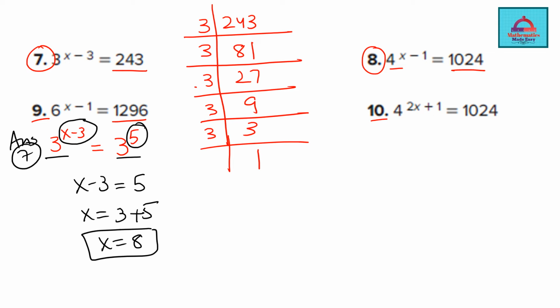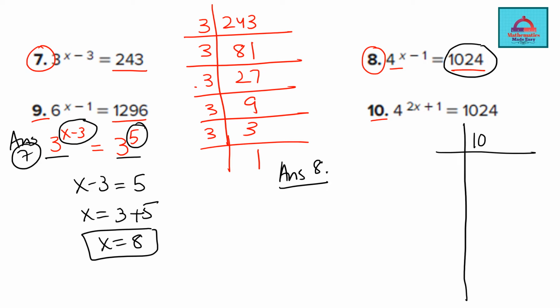Let's do now the answer for question 8. Here we need to do prime factorization of 1024. If we do it with 2, it will become very long. So we are going to do 1024 with 4, because the base here is 4, so we can just directly do it with 4. When we do, it comes out to be 256.